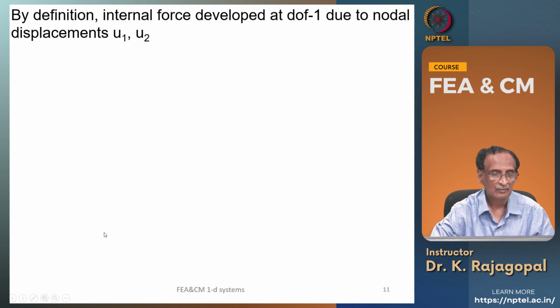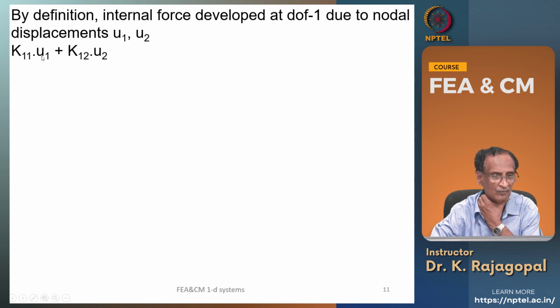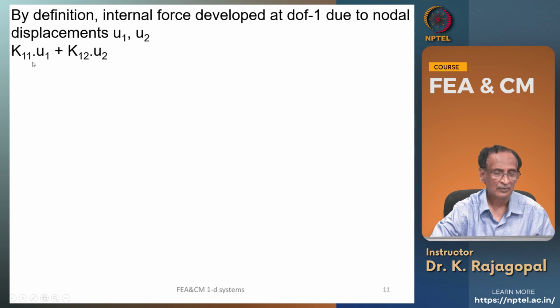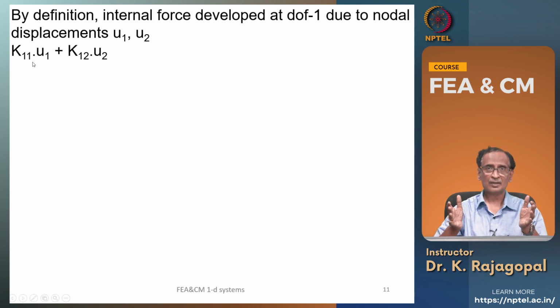So, by combining these, the internal forces developed can be written like this. The internal force developed at degree of freedom 1 because of displacements u1 and u2 will be K11 u1 plus K12 u2, and as we have seen, K11 is the force developed because of a unit displacement.